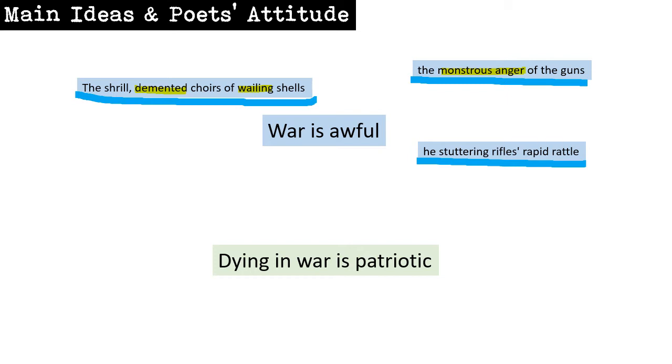So really negative mental and emotional description here. With the rifle's rapid rattle, you'll notice the use of alliteration to make those three words stand out, the non-stop, really fast firing of machine guns and rifles that the soldiers hear throughout the day.